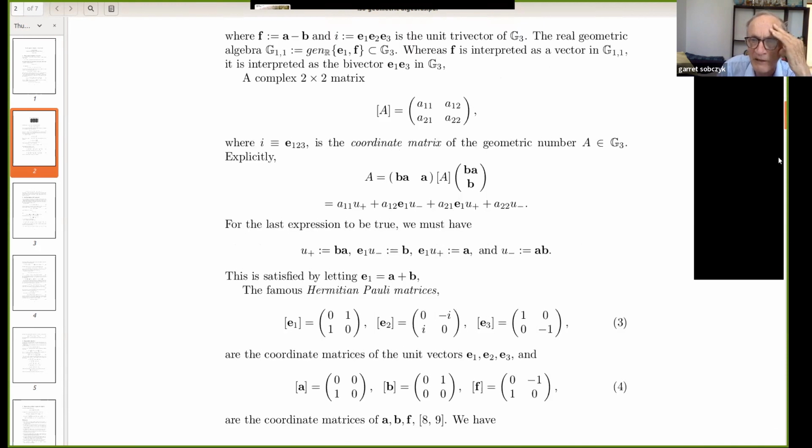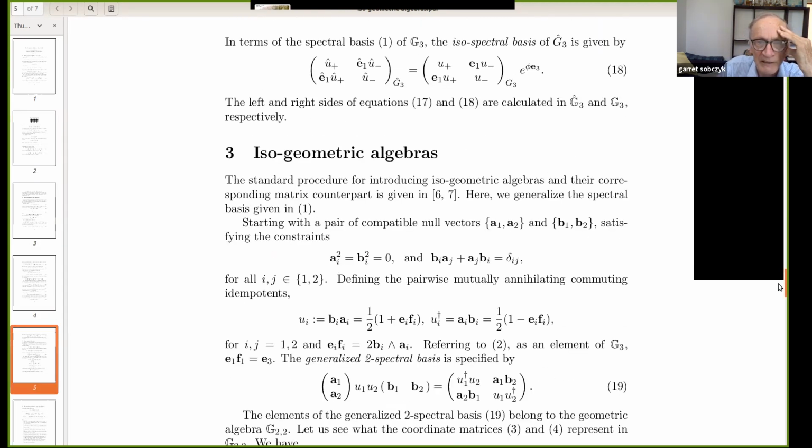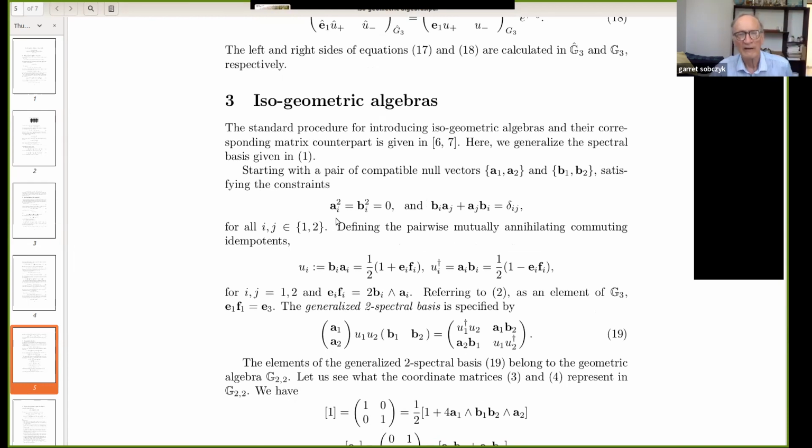Then we have another pair. So here we have AI squared equal to BI squared equal to 0, and BI times AJ is equal to delta IJ. If J is equal to I, then we just get the duality condition 1 here.